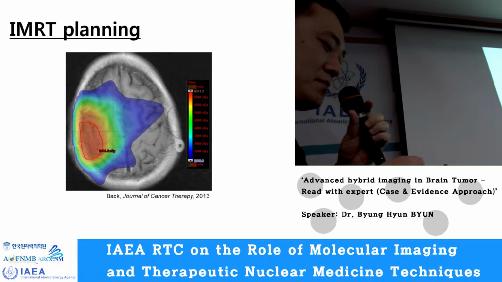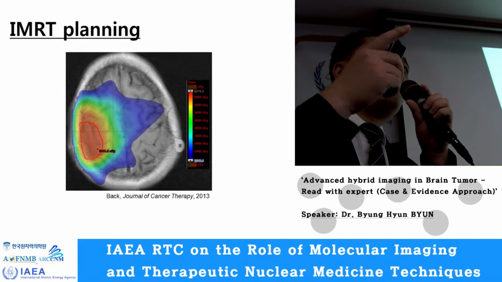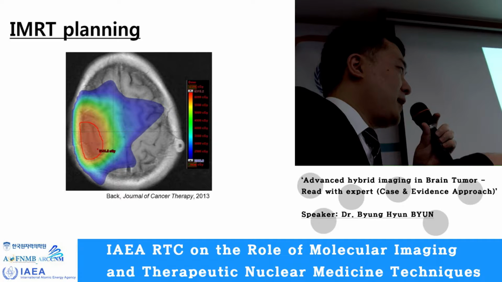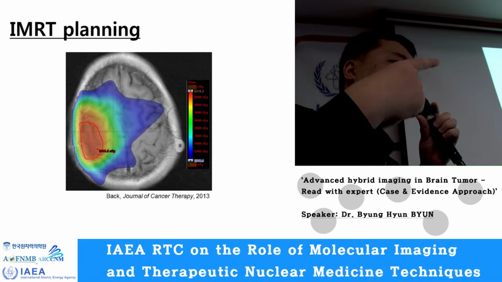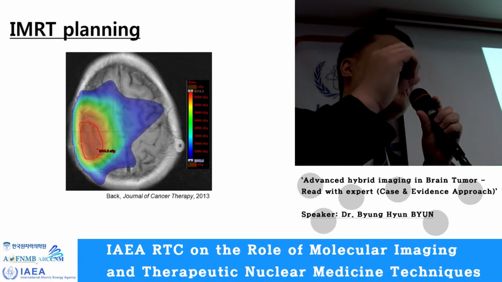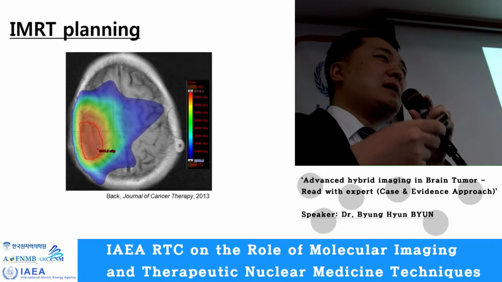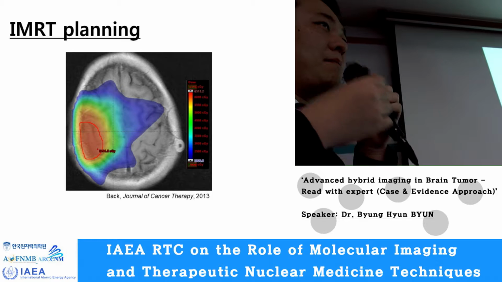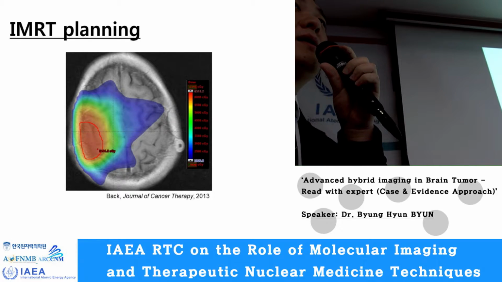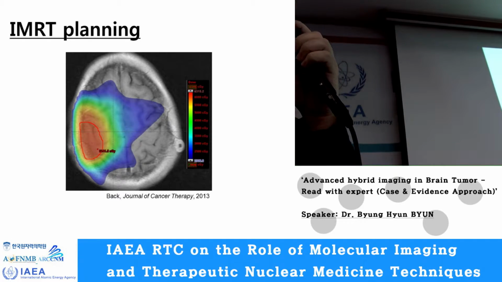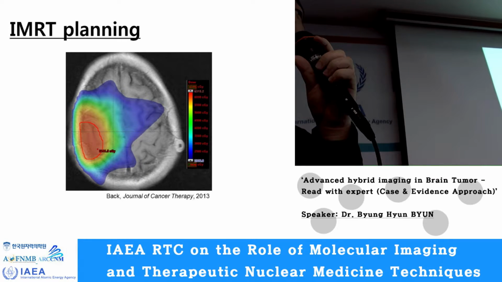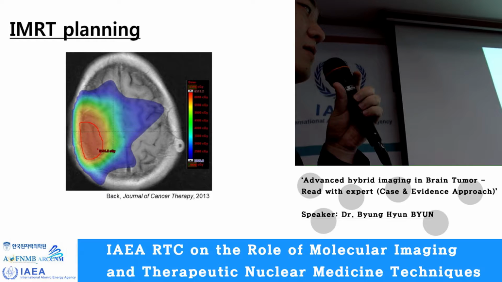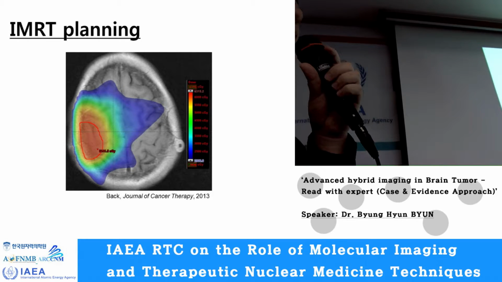So, for example, after the first fraction of radiotherapy, the distribution and the size of tumors significantly change. Right? So this map cannot be applied to the second or third fractionated radiotherapy. So nowadays it has a critical problem for clinical use.